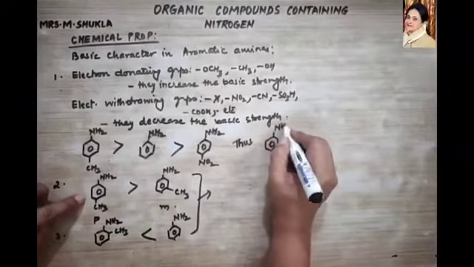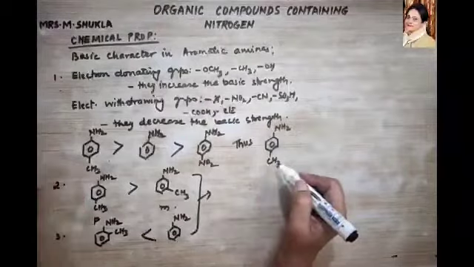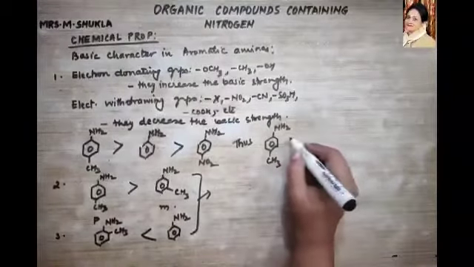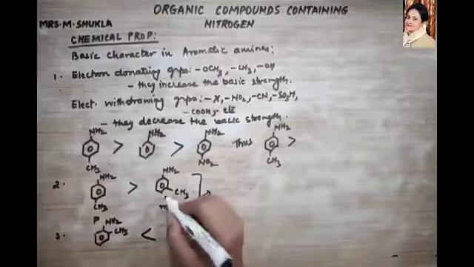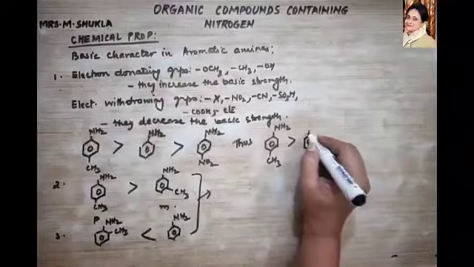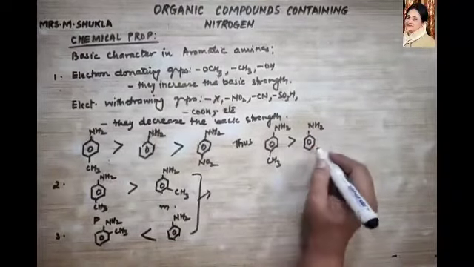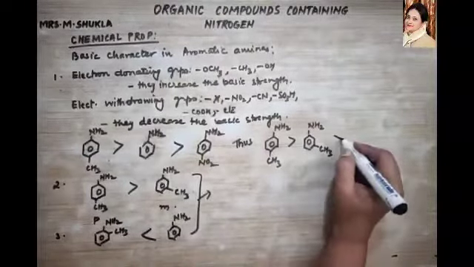What is the IUPAC name of this compound? 4-methyl benzamine. It is more basic in nature than 3-methyl benzamine, and this will be lesser than your aniline.